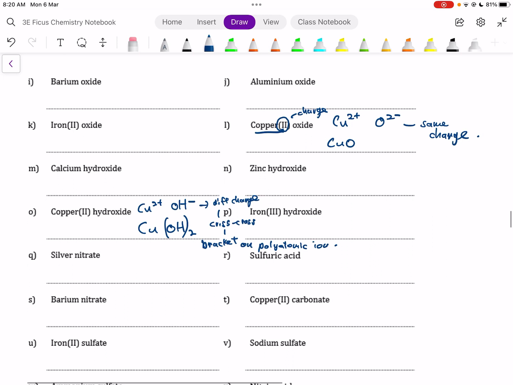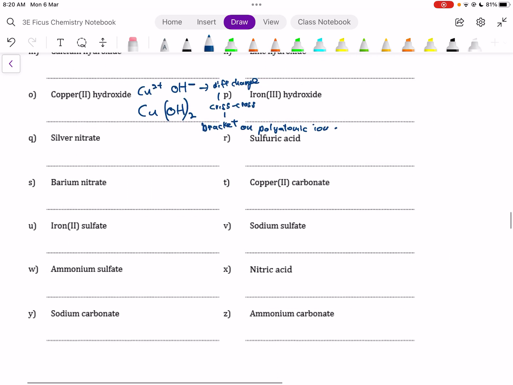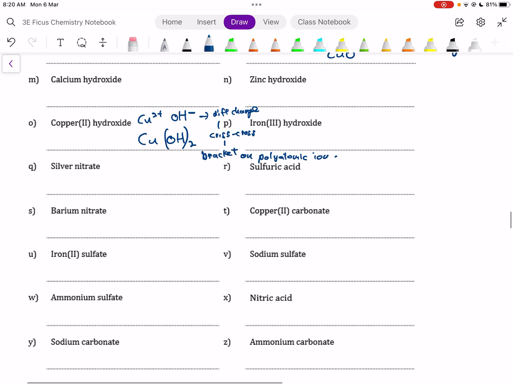Then what else I want to highlight to you, sometimes you got this thing called acid. Very important, because we have a big chapter called acids and bases. You got to know the formulas of acid very well. Let's say you have sulfuric acid. Acid is H plus, the cation. Every time you see this word acid, it is H plus. Then sulfate is the polyatomic ion.